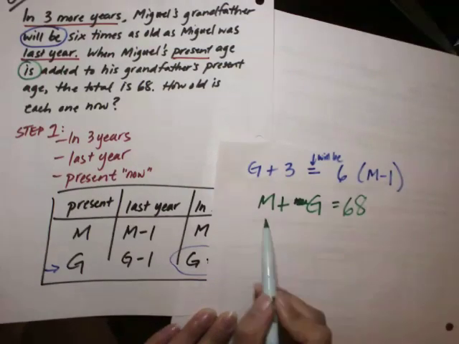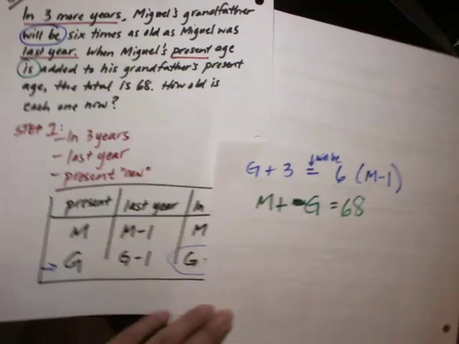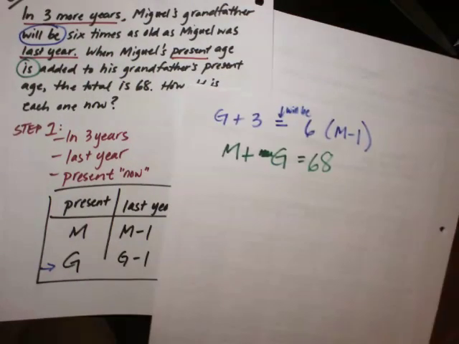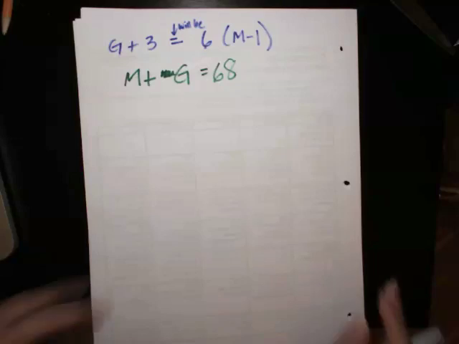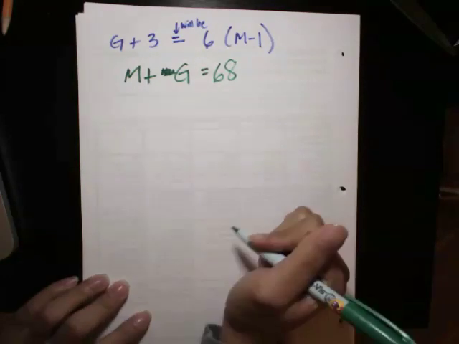Okay, so we're going to add Miguel's age and grandfather's age now, and we're going to get 68. So now we have 2 equations, systems of equations, and we can solve for our 2 unknowns. Okay, and for this particular example, let's use a little bit of substitution.